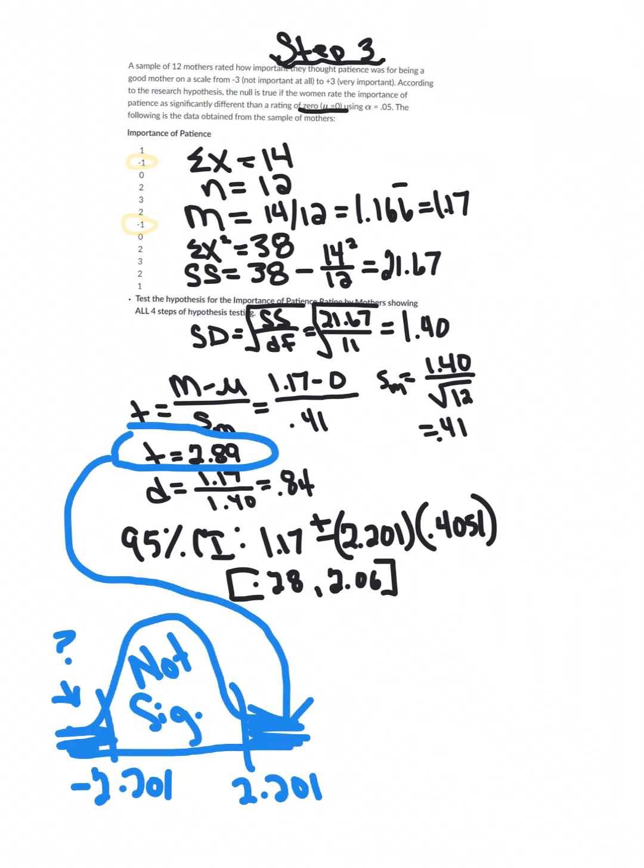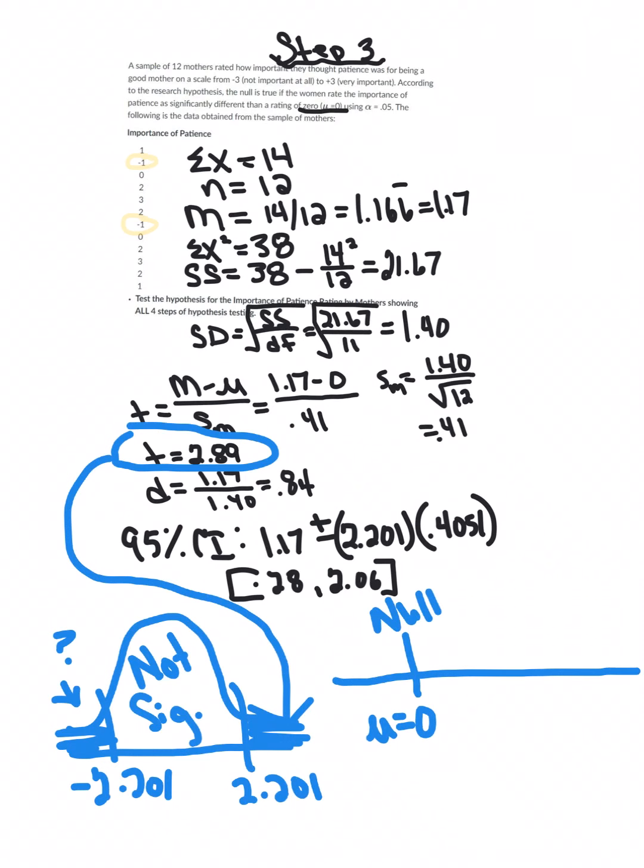So there's one way of saying it's significant. The other thing that we should look at is a number line. Our null hypothesis is saying that our population mean would be 0, and if it's not significant, we would see 0 within the range of numbers between the lower and the upper.